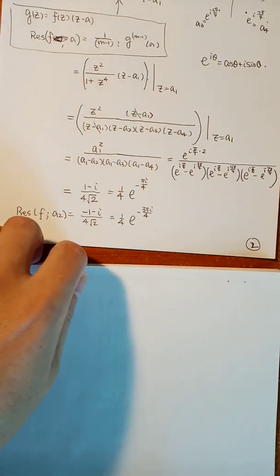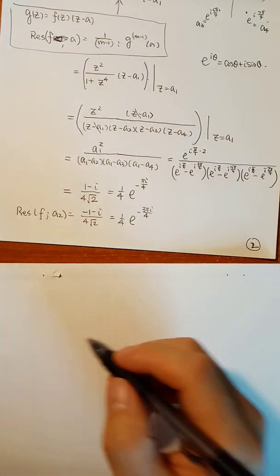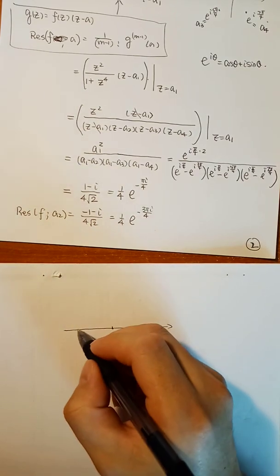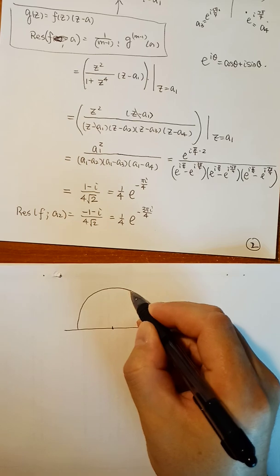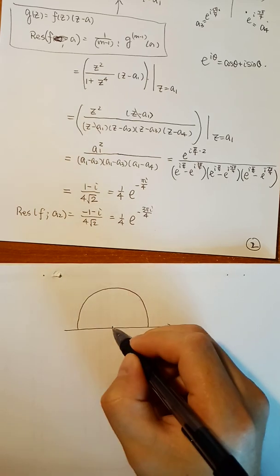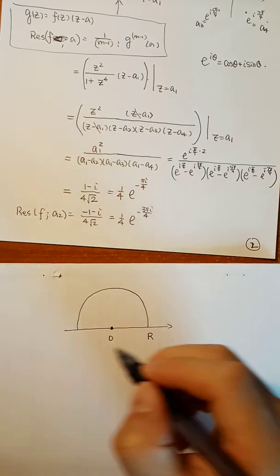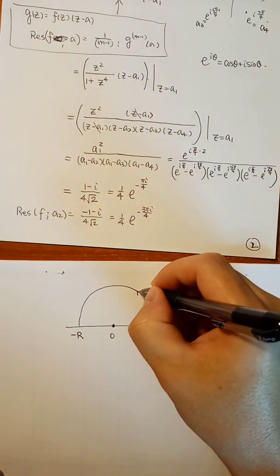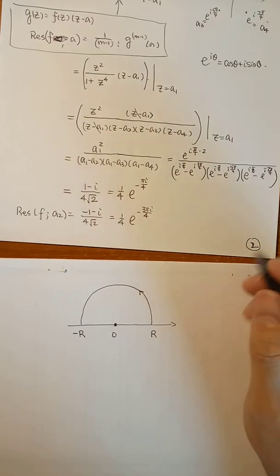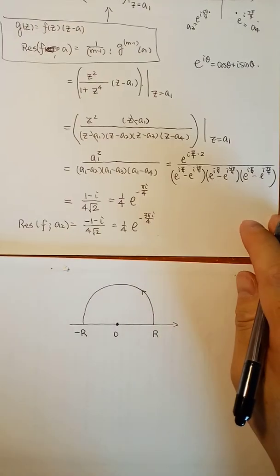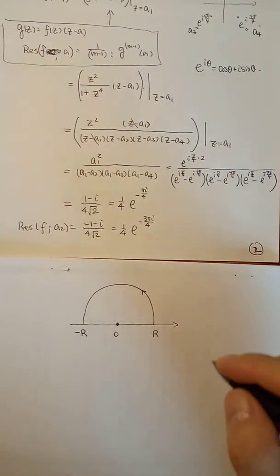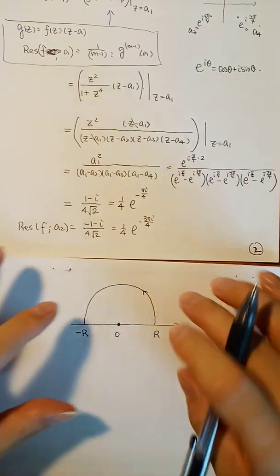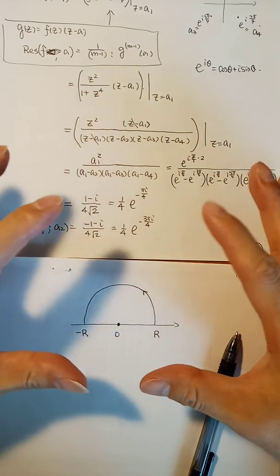Okay, so far we have a function. We construct this closed rectifiable contour. This is 0, this is R, this is negative R. So we use the upper semi-disk, upper half disk, and in this upper half disk, we are going to let this radius R bigger and bigger.